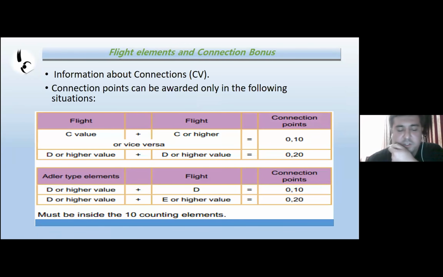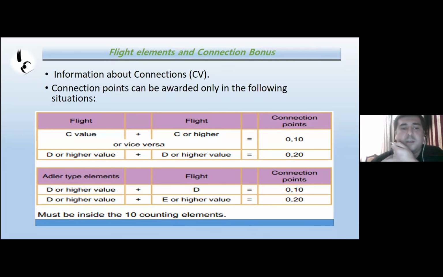Next, information about connections. Connection points can be awarded only in the following situations: flight plus flight elements and Adler type elements plus flight. Flight plus flight elements C plus C or higher, 0.1; D or higher plus D or higher, 0.2 or vice versa.